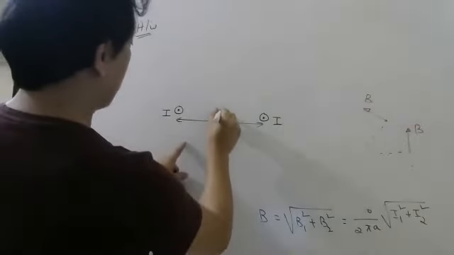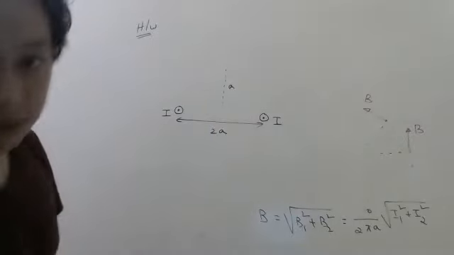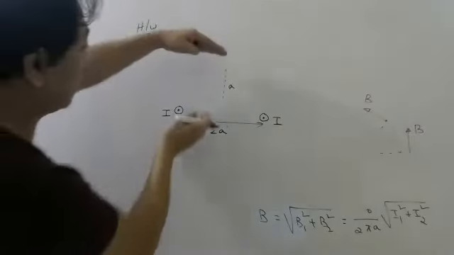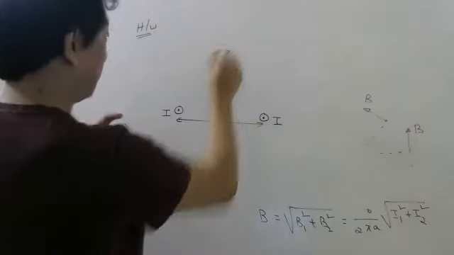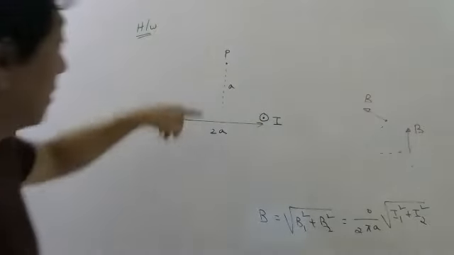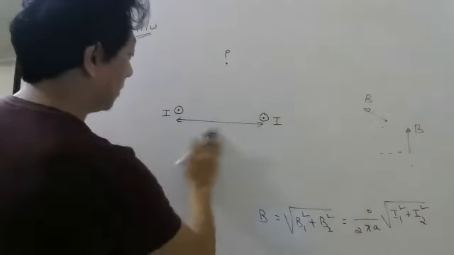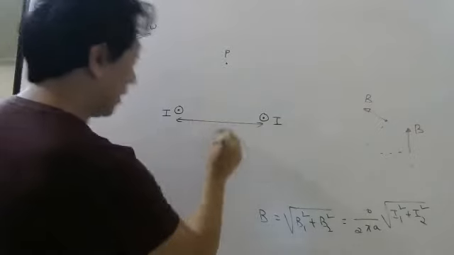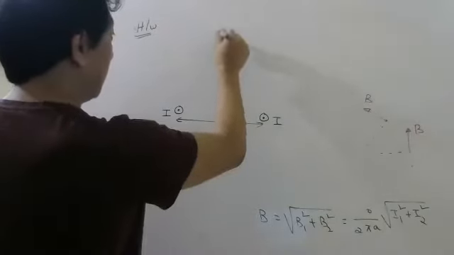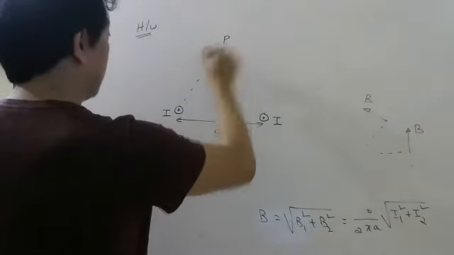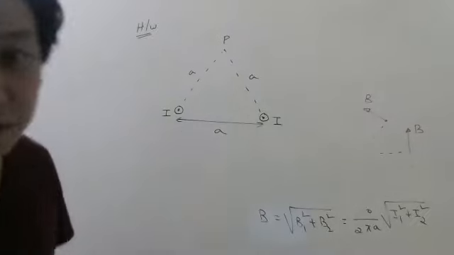Now I want the magnetic field at some distance A, not 2A. Let me make it a little simple. Call this A, no problem. Then take one point P. This is A, this is also A. So let me make it a little bit simple for you.